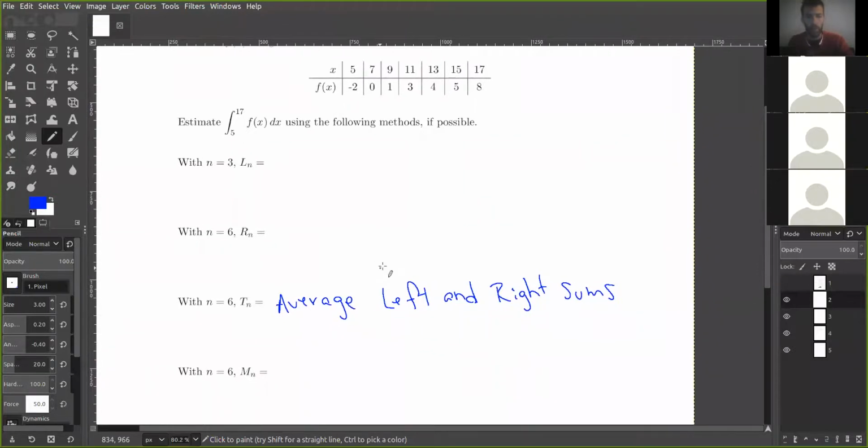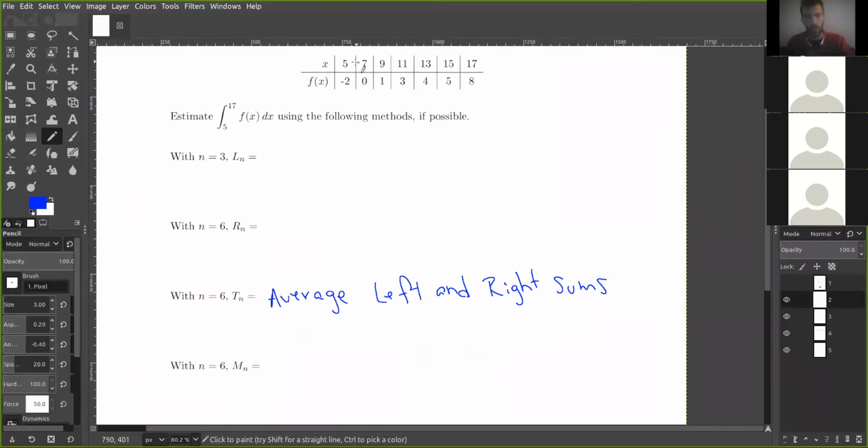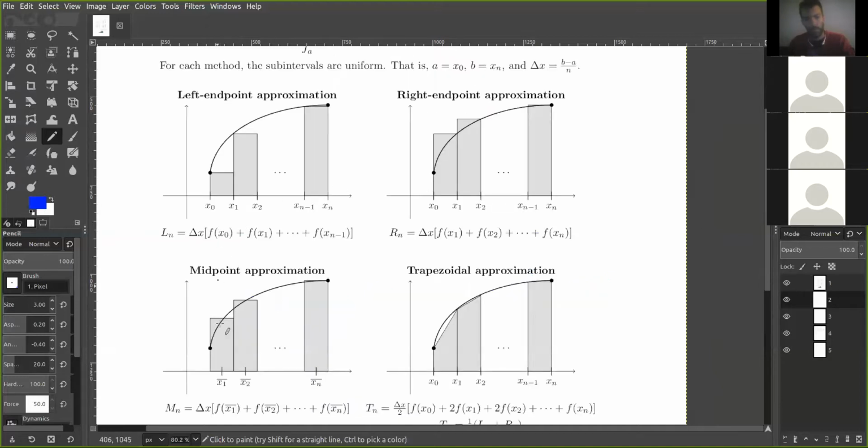The midpoints are a little tricky because you have to create a different table, because we cut it up 5, 7, 9, 11. Our delta x is 2. But if I want to use the midpoint rule for a partition of 6, the midpoints lie in the middle of the values.